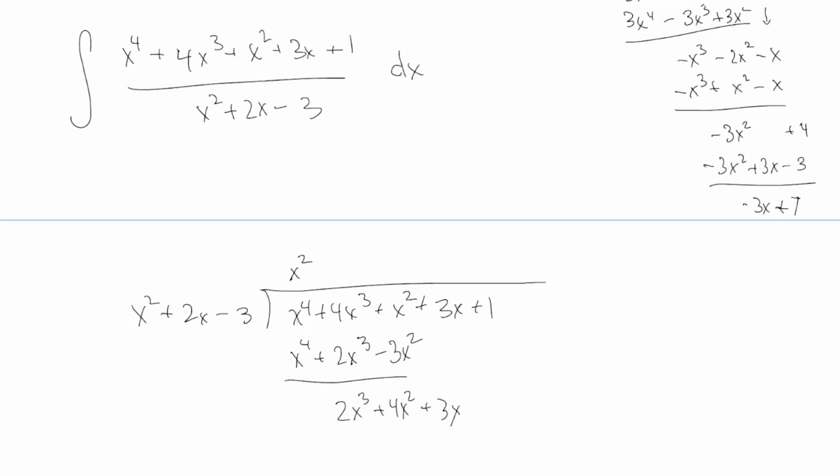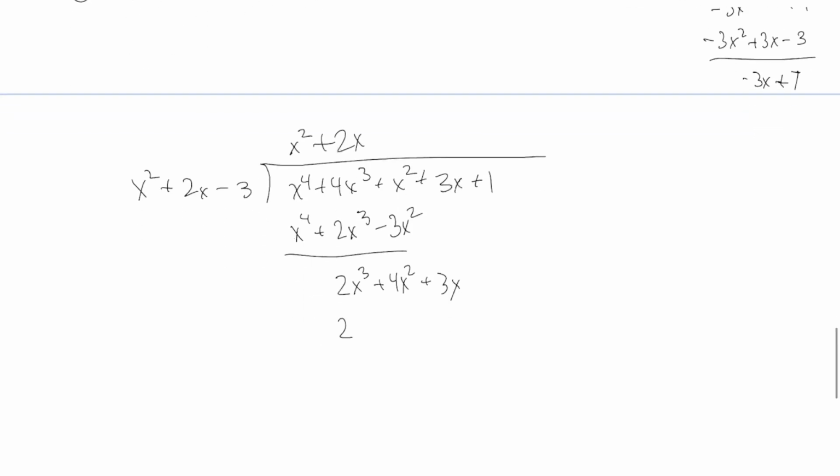I hope you're with me so far. The next term needs to be 2x, so that x squared times 2x will be 2x cubed. So plus 2x here: 2x cubed plus 4x squared minus 6x. Subtract here. Am I doing all right so far?